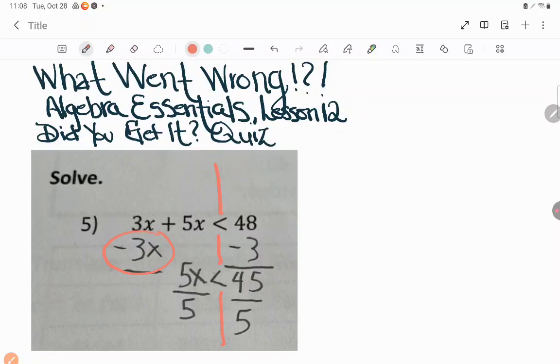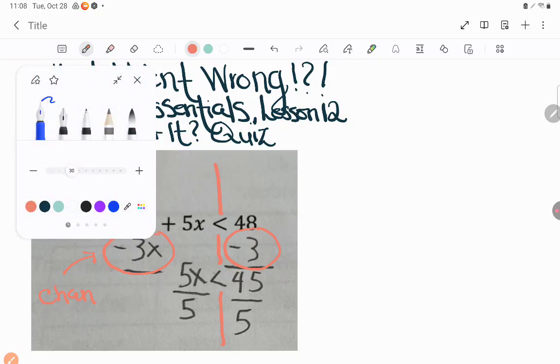The student decided to subtract 3x, which I guess you could do. It's not going to be my first step when I go to do it, but take a look at the right-hand side. Even if you chose to subtract 3x from one side, you didn't subtract 3x from the other side. You simply subtracted 3. And so right away, you changed the relationship between these sides.